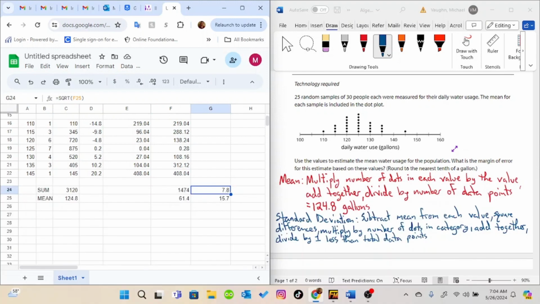Then I could take the square root of that and I found my standard deviation, and my standard deviation was 7.8 gallons.